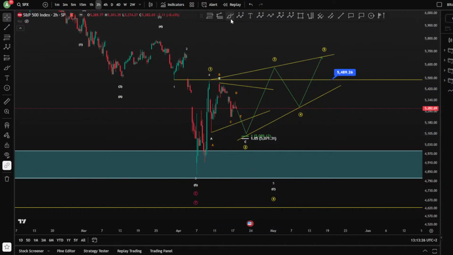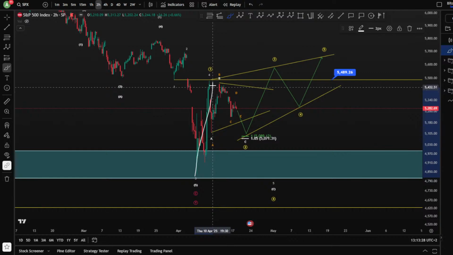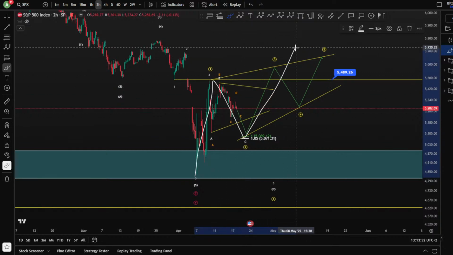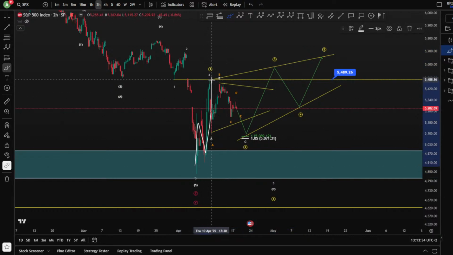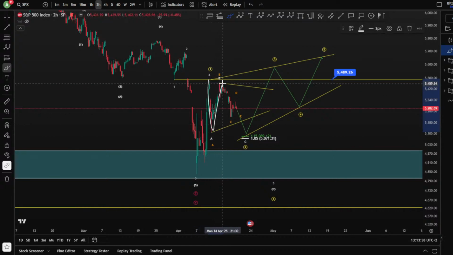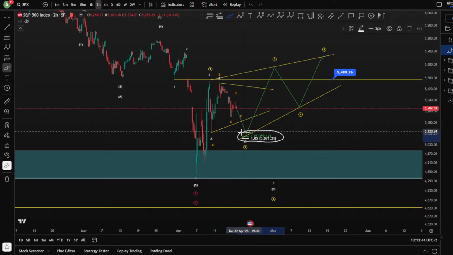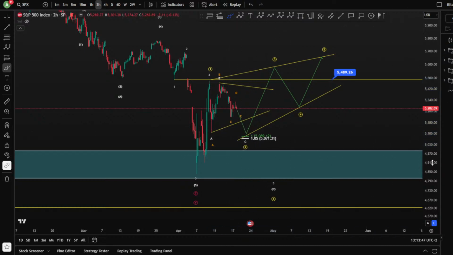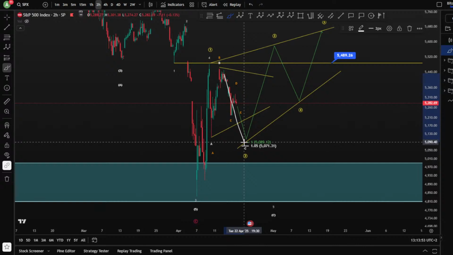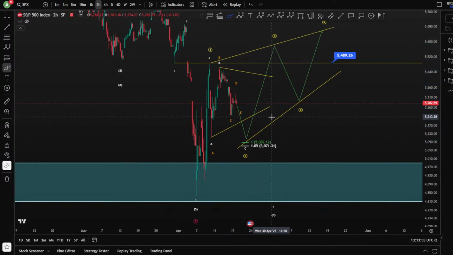Now, another scenario can be a wave A and then a wave B, and then potentially wave C toward the upside. After three waves up, three waves down, we're looking for higher. Currently, you can also be in this formation of ABC toward the downside for a one-to-one fib level at 5,089, which can be a simple ABC structure and then continuation toward the upside.